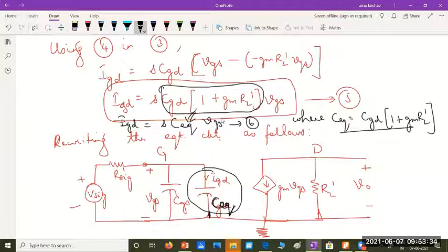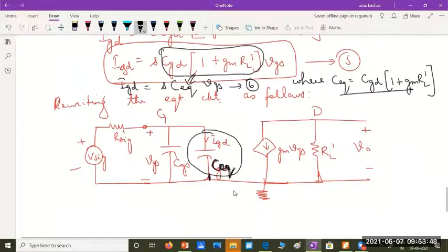What is the purpose of writing like this? You see, if I replace this capacitance CGD which was connected from gate to drain with an equivalent capacitance C equivalent which is connected between the gate and source, the voltage across the capacitor is now VGS. Don't I have that voltage here? Since the value of this current is voltage divided by reactance, the voltage which I have now is VGS.